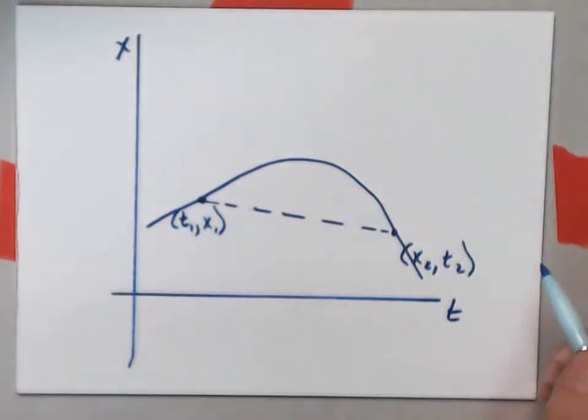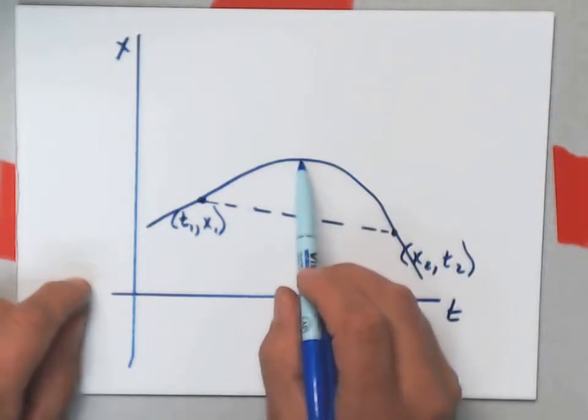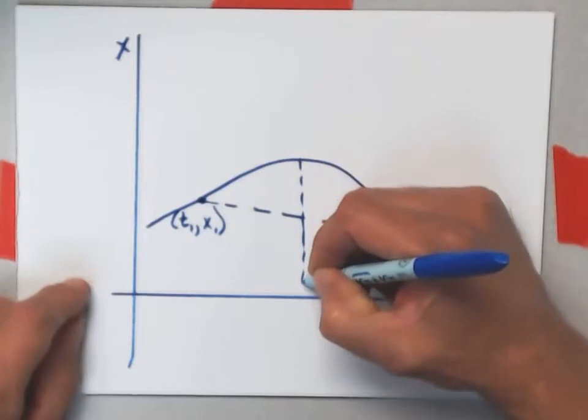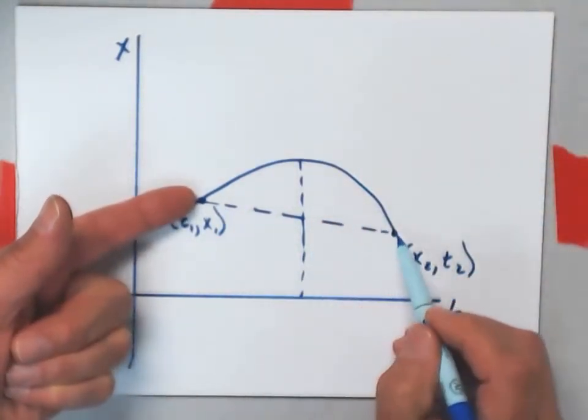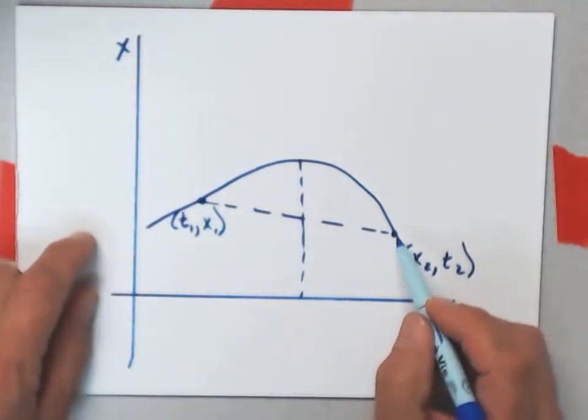Okay, and suppose that I want to know how fast the thing is going right here at this instant. This particular slope may not give me that. So what can I do about that?